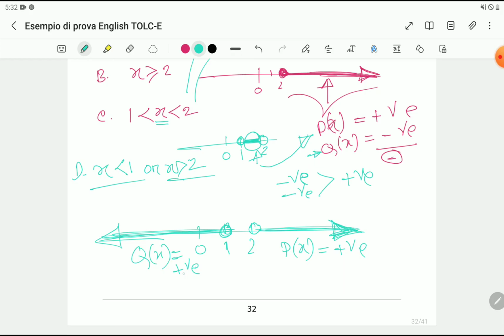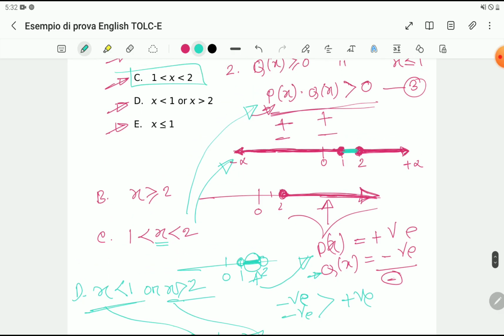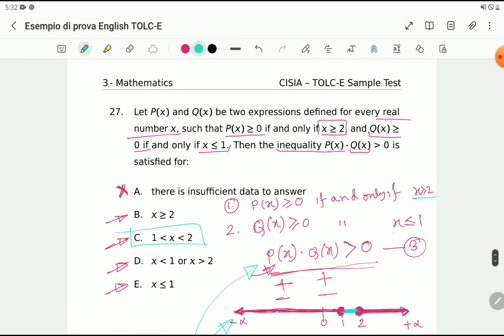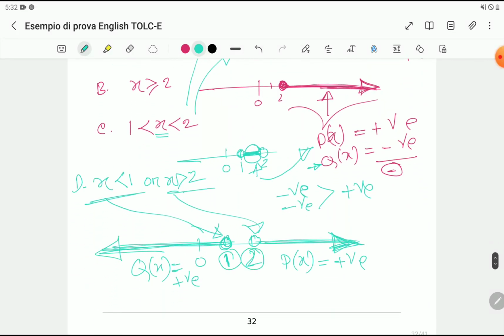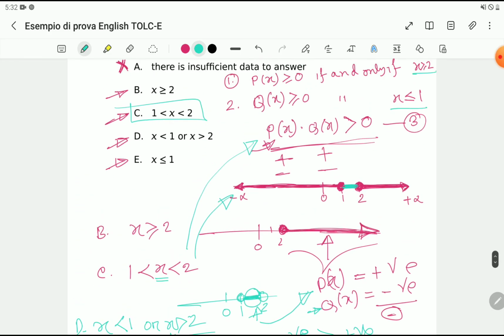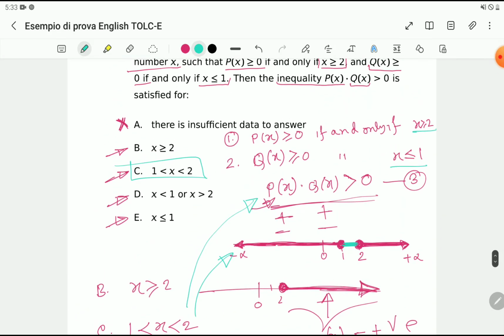So inequality number 3 is positive, but see, this didn't include 1 and 2. For 1 and for 2 it is also positive. By definition, we see here x greater than or equal to and x less than or equal to 1. So these two values are not included here. Therefore, this option D cannot be the answer. So option C is the right answer.